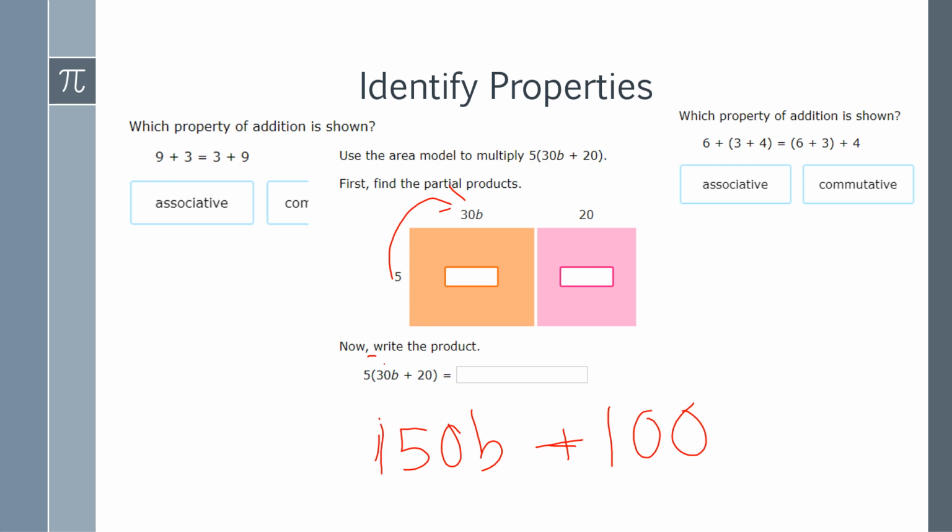How I wrote this, those two ways of how I read it are going to be very important within this lesson. So be aware of that.